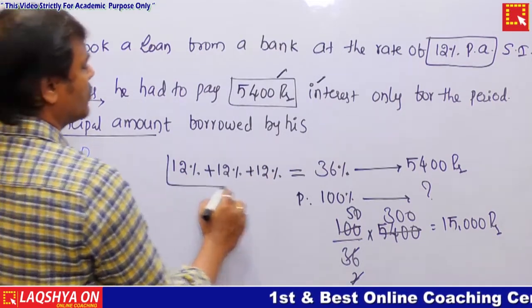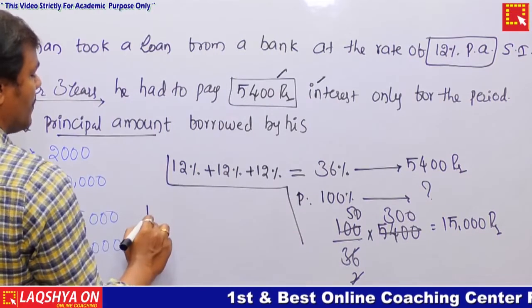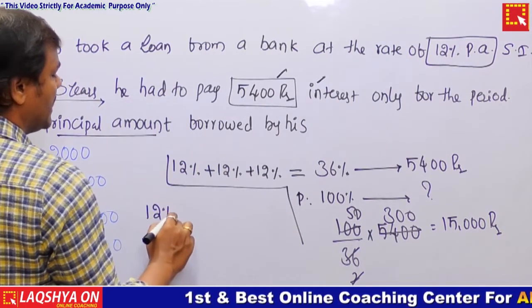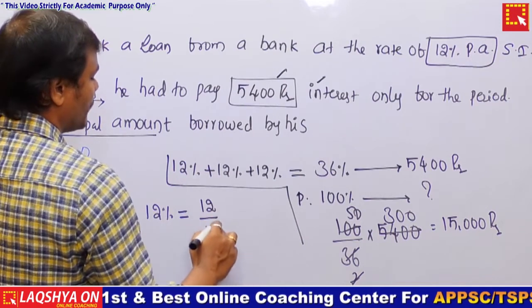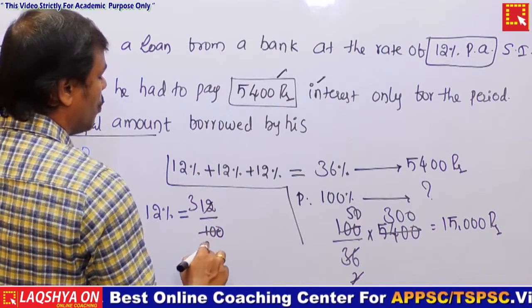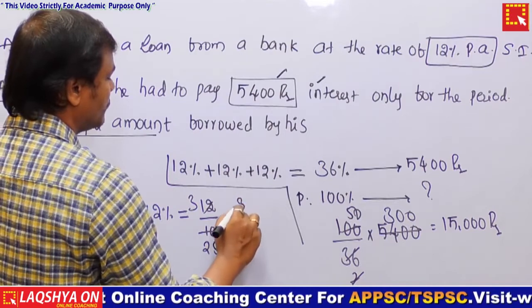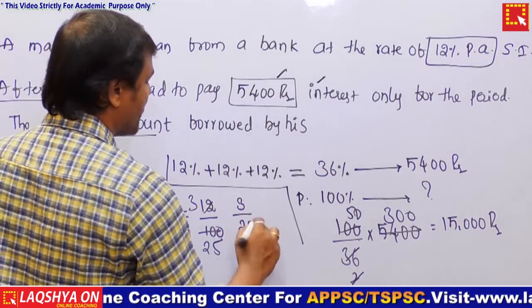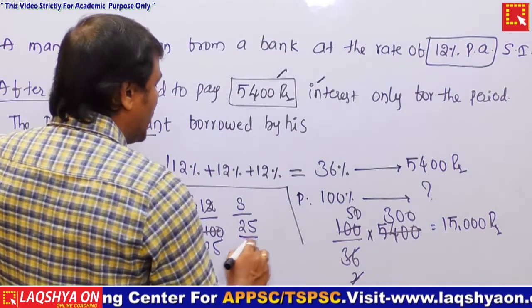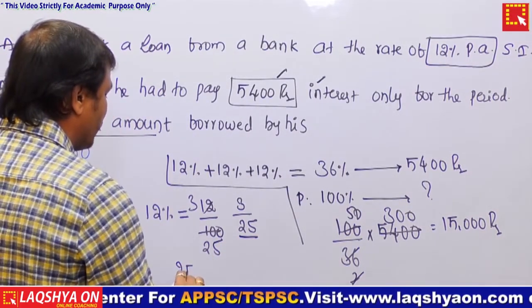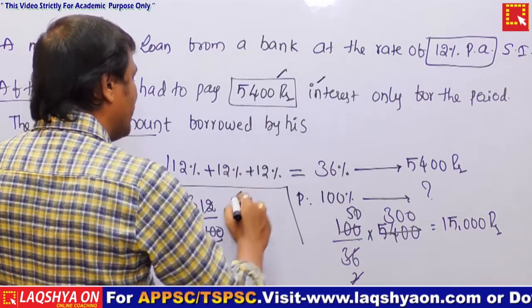There is another model also to solve this problem. 12% is written as 12 by 100 in fraction, that is 3 by 25. That means out of 25 units of principal, you have to pay 3 units every year.